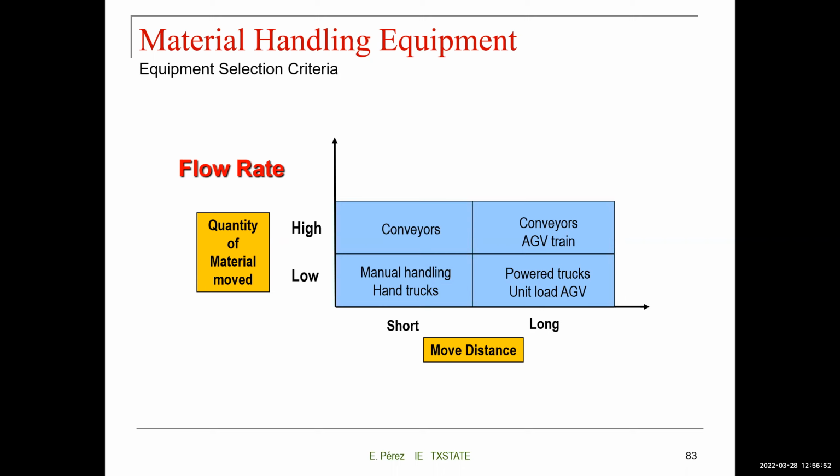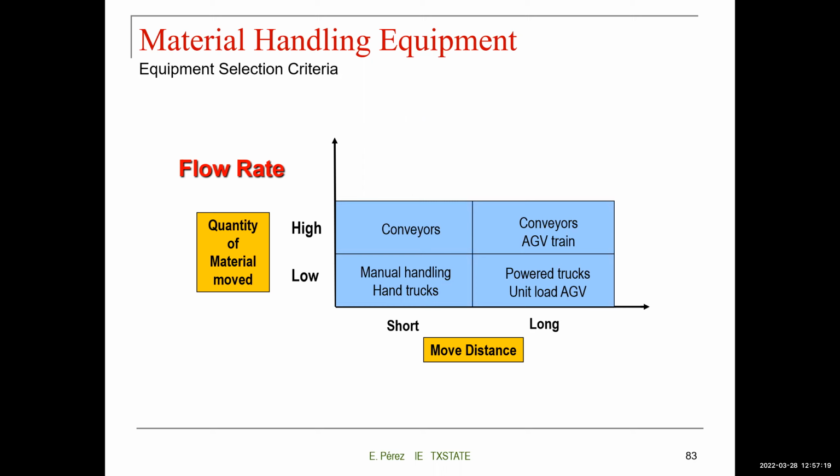So for example, if you are looking at having a high volume of materials to be moved, but you're moving them for a short distance, this is telling you that you should go for a conveyor. If you have a very low material to be moved in a short distance, then basically any manual operation should be enough.